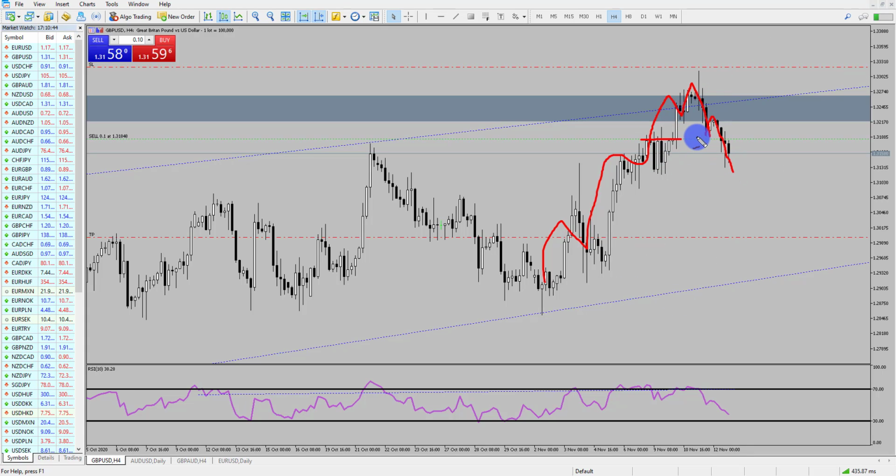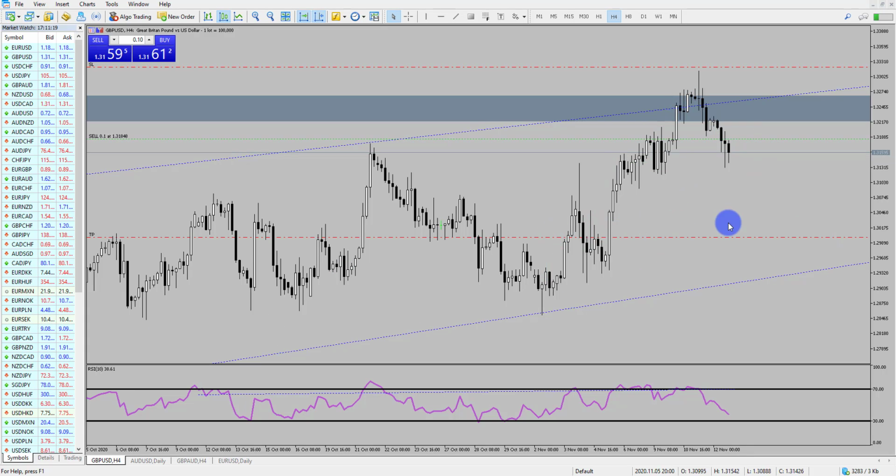So 1.32 is actually a really nice level on the market, and we may actually see price retest once again. So I'm actually expecting maybe a slight downside into these lows here, a break up, retest that 1.32, continuation, and some further moves back down into that 1.3 level.